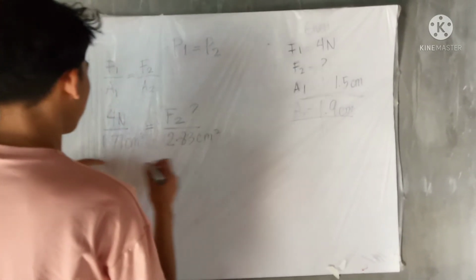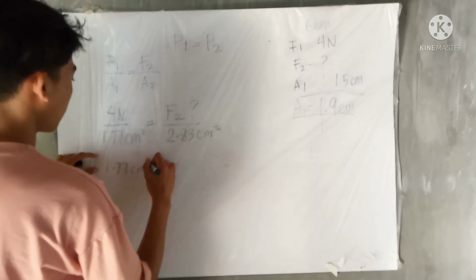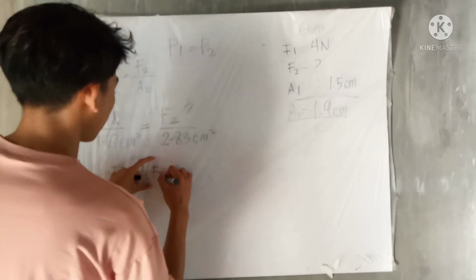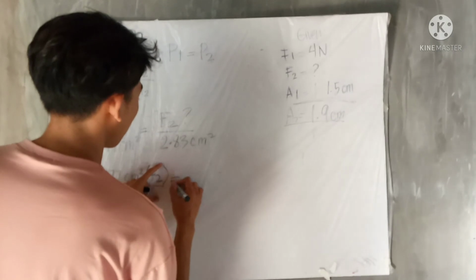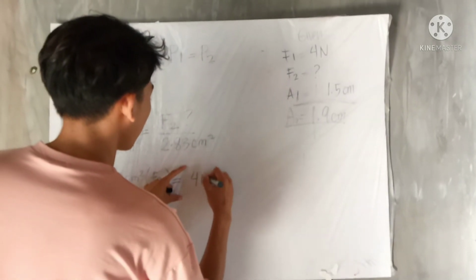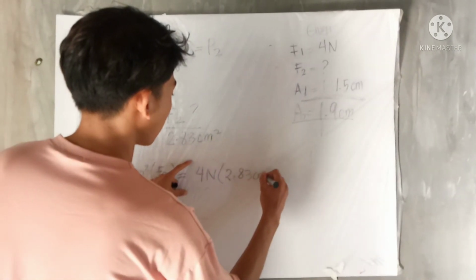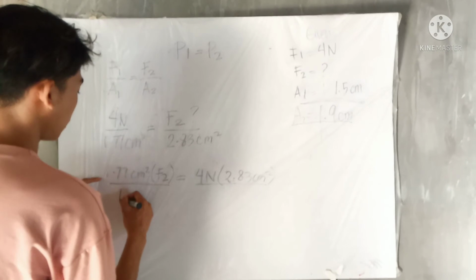We need first to cross multiply all these variables. 1.77 squared centimeter times F2 is equals to 4 newtons times 2.83 squared centimeter.